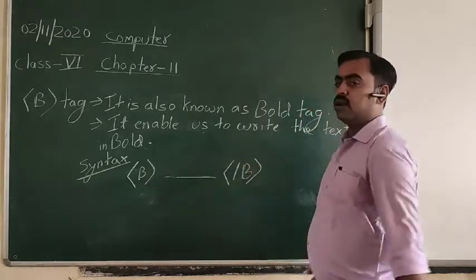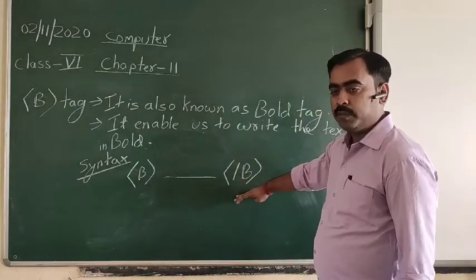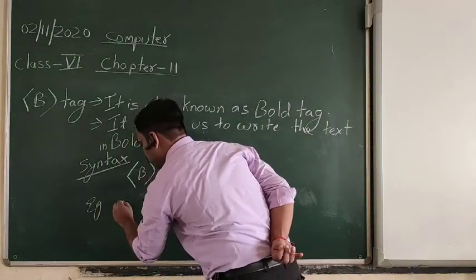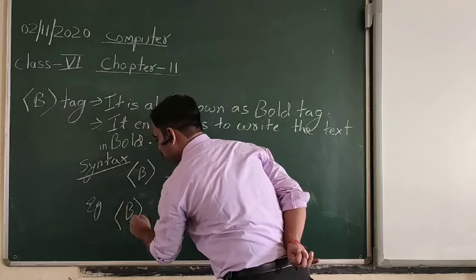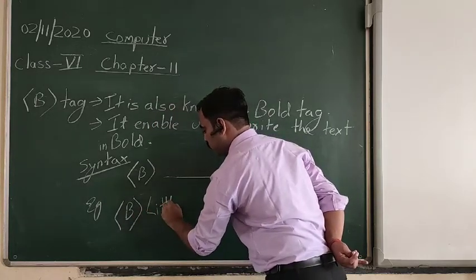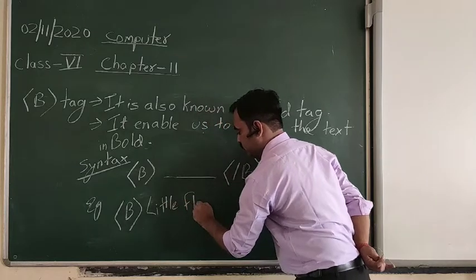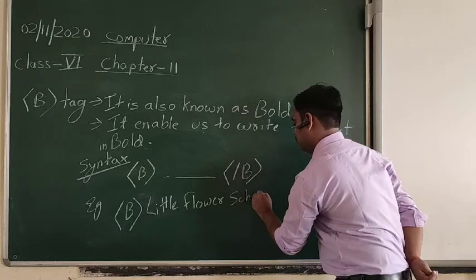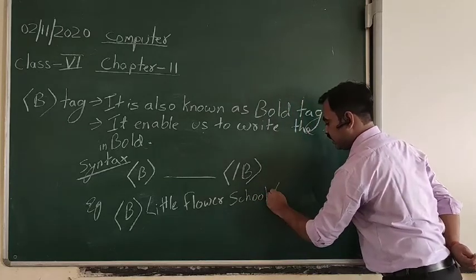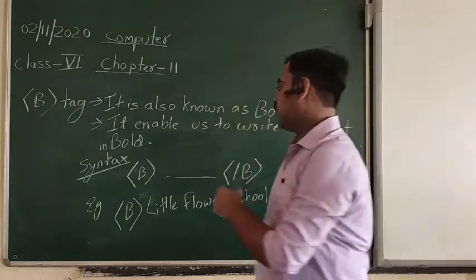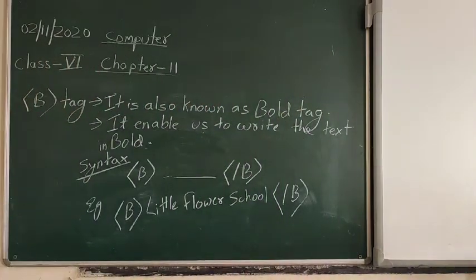Example: suppose here I have written B, and if you want to display the name of your school, okay, this is the sentence. Now you have to close the B tag.